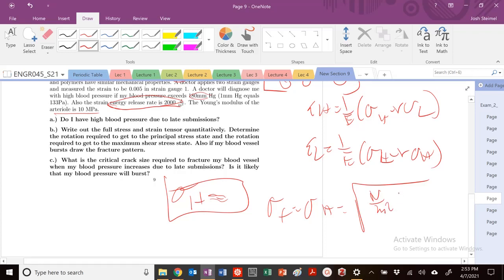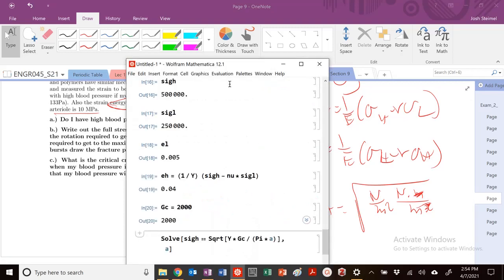A joule is a Newton meter. So this gets canceled here. Actually, this gets canceled here. This goes away.